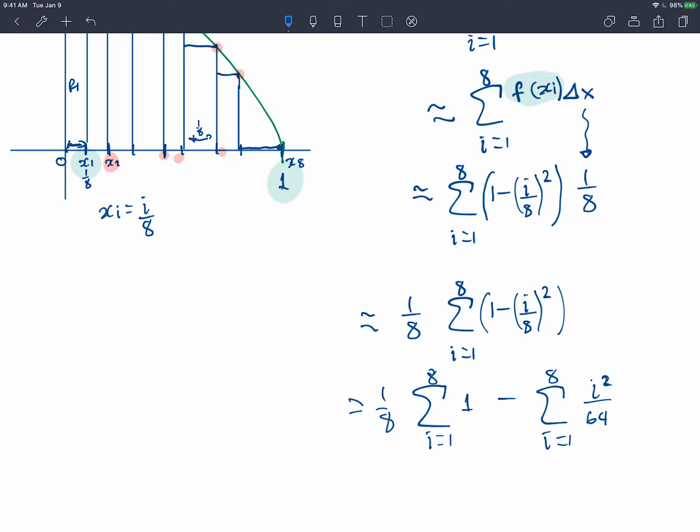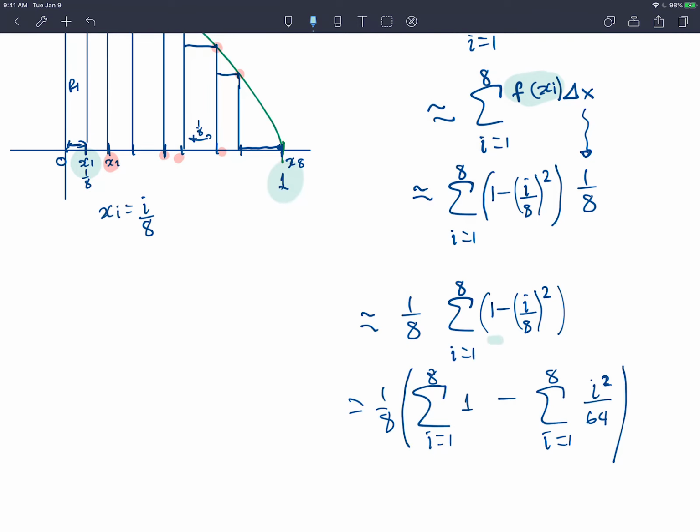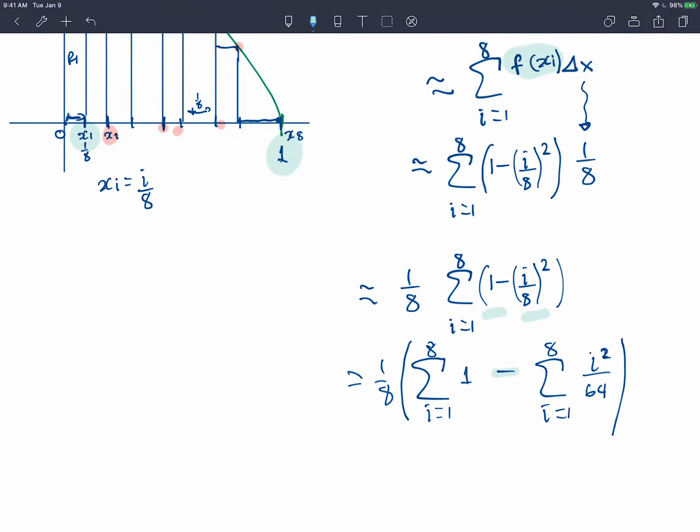Because i over 8 quantity squared becomes this. This 1/8 is multiplying both of them, so I should have it like that. I can separate this sum, which has 2 terms, into the sum of these terms and the sum of these terms, joined by this minus sign in the middle.